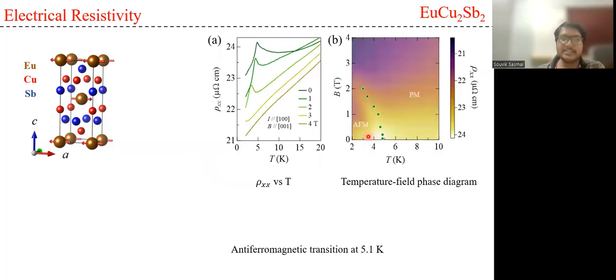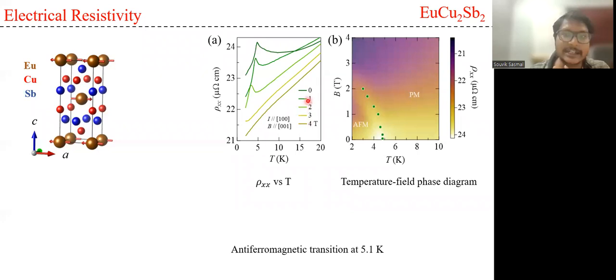Coming back to the resistivity, as I already told, our magnetization data shows the antiferromagnetic transition at 5K. Similarly, at zero magnetic field, the resistivity as a function of temperature shows the same antiferromagnetic transition at 5.1K.